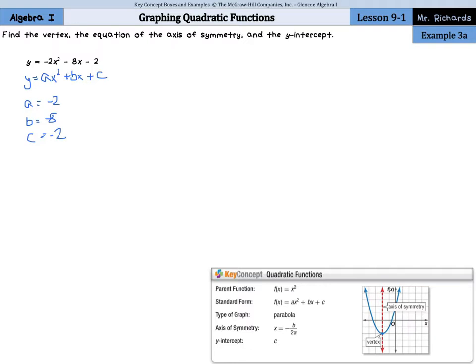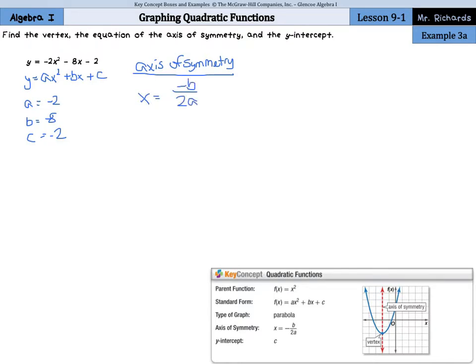And we will actually start with the axis of symmetry. Now the formula for the axis of symmetry can be found down here, which is x equals negative of b over 2a. Now for our solving purposes, we can say x equals the negative of b over 2a.